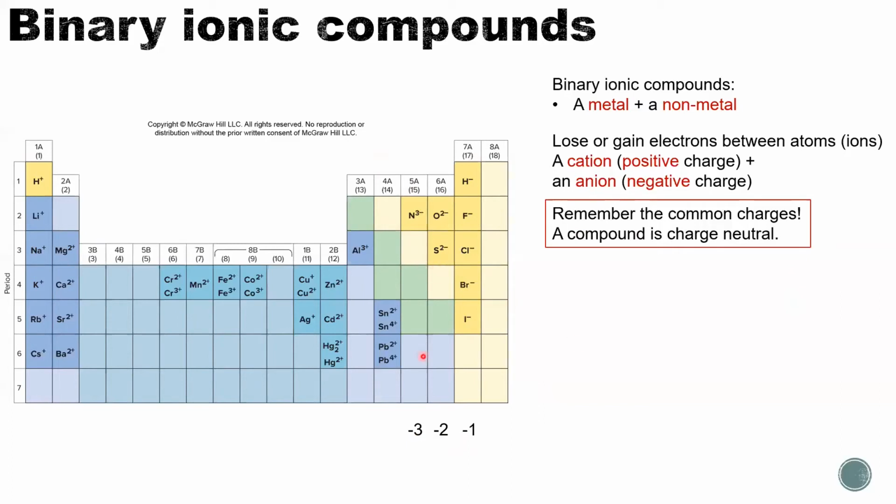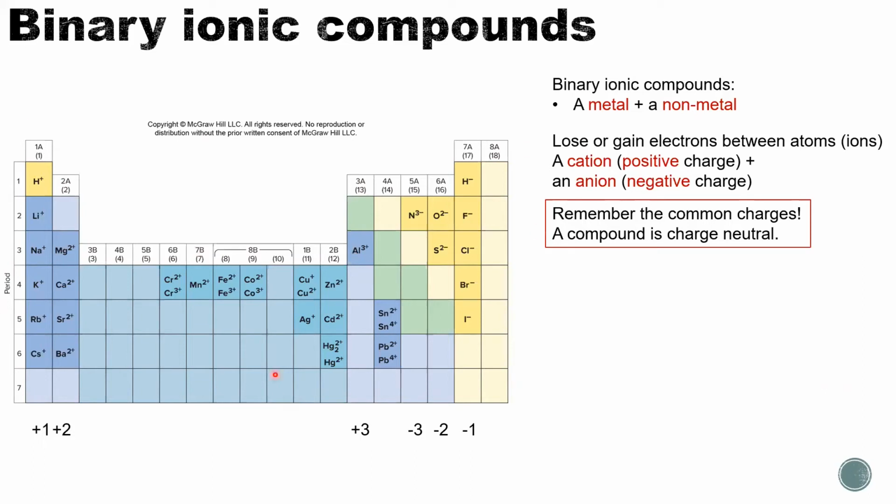Also, from left to right, if we only look at the main groups, I mean the groups with A here, from the very left is +1 charge, the second is +2, and the third main group is +3. Again, here we are only looking at the metals.